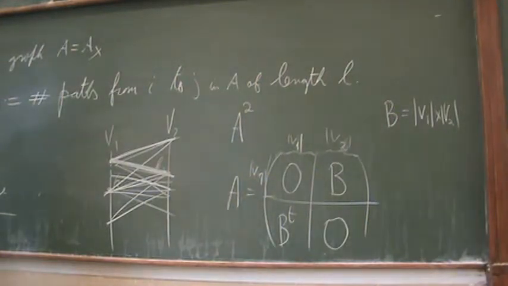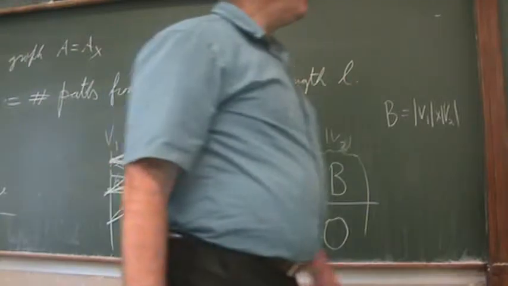I'm allowing a graph with many loops, but that's fine. I said before that I don't care about multi-edges or loops or all these other things. Is it clear? It's a simple point, but somehow I feel I should say it. Or did I lose you on this? Don't get lost on this trivial thing.